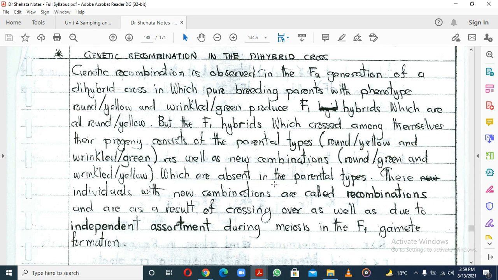Round and yellow and wrinkled and green seeds came from the parents, right? But in the second filial generation, we also get round and green and wrinkled and yellow. Those were not in the parental types. Does that make sense? When you check the generation, there is nowhere where that's happening.